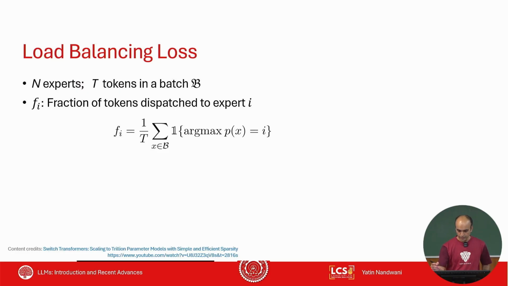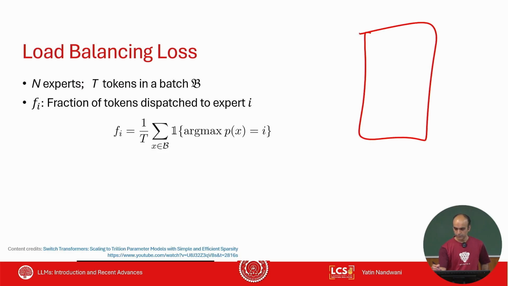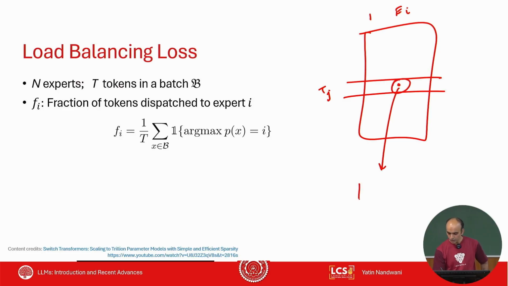And again, in the same graph, let's say I have expert i and I am looking at token j. What is the router giving me here? The router is giving me the probability of selecting expert i given token j, right? And I want to compute the probability of selecting the expert i.